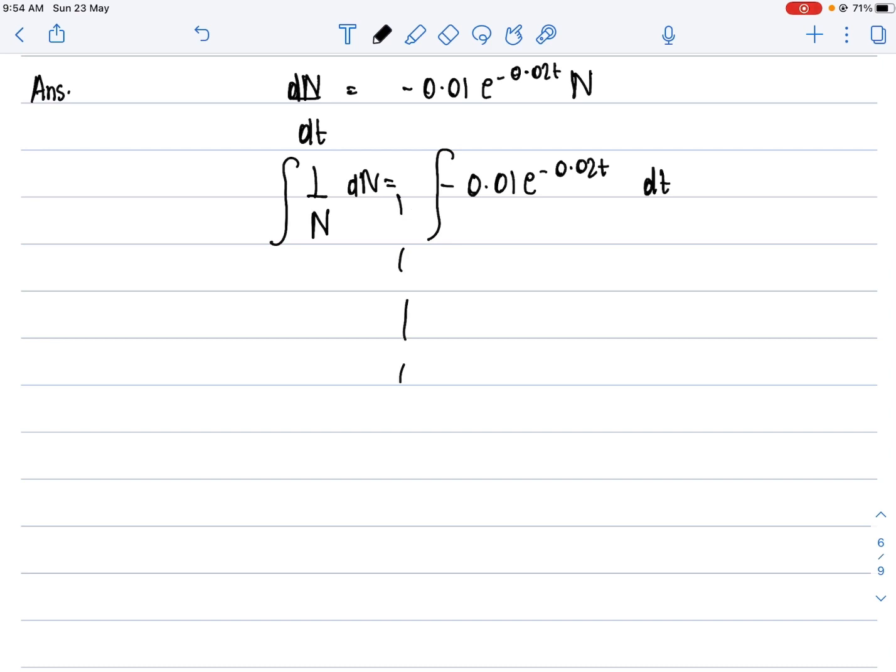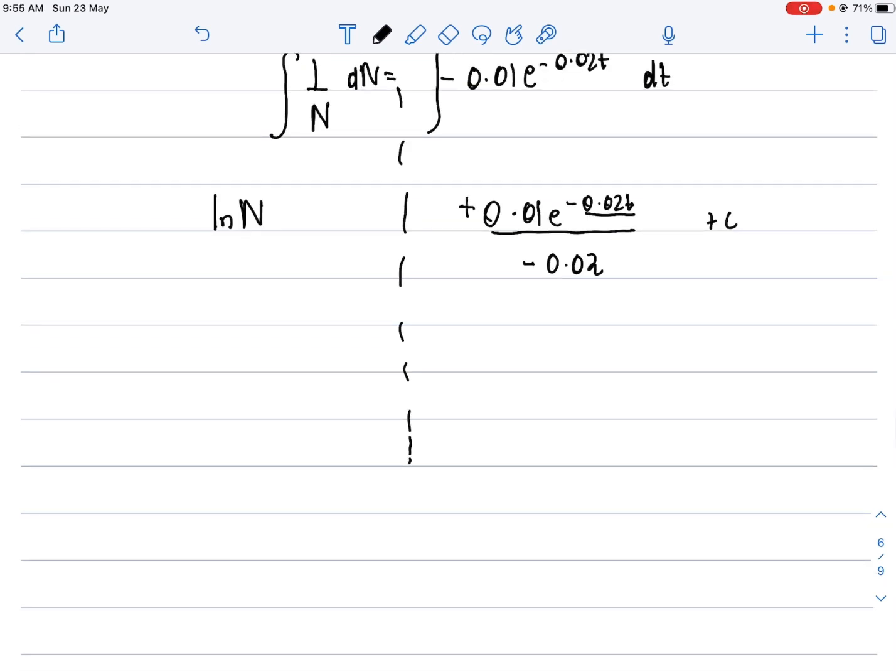The integration of 1 over N is ln N, and the integration of the right side is minus 0.01 e raised to minus 0.02t over the coefficient of t, which is minus 0.02, plus c, because there are no limits, indefinite integration.